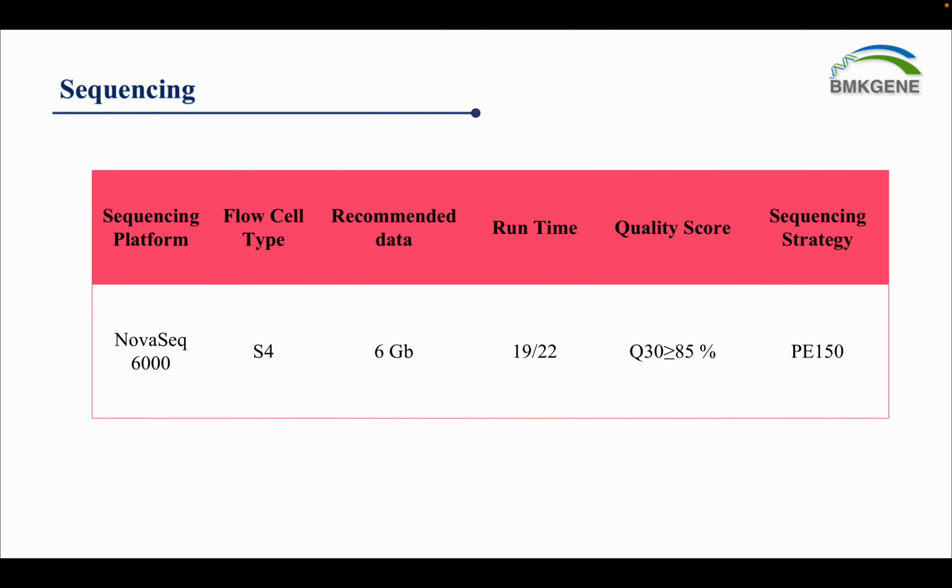And after the library preparation, sequencing could be arranged. We mainly choose the NovaSeq 6000 platform available at the company for sequencing, and the sequencing strategy is PE150. For most species, we generally recommend 6 gigabytes of data, which is enough to obtain relatively accurate and complete gene quantitative information.